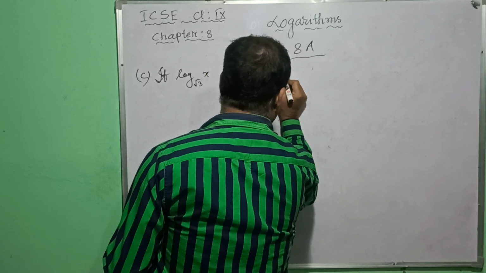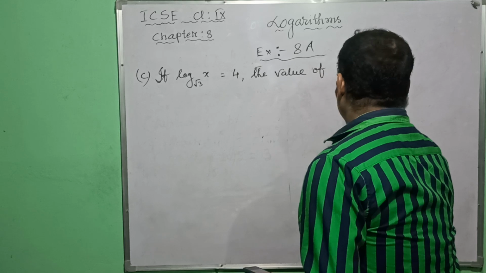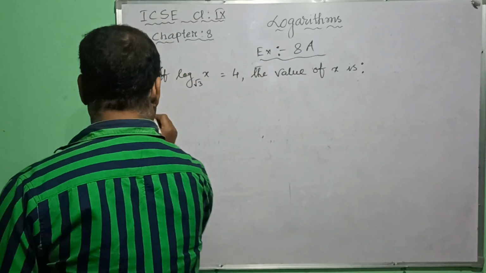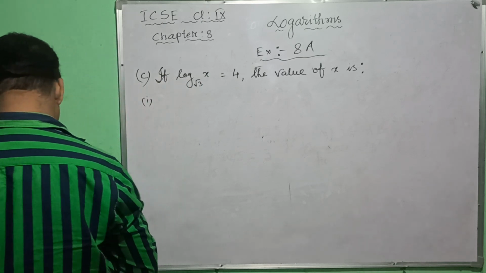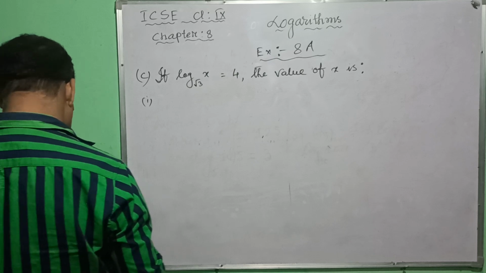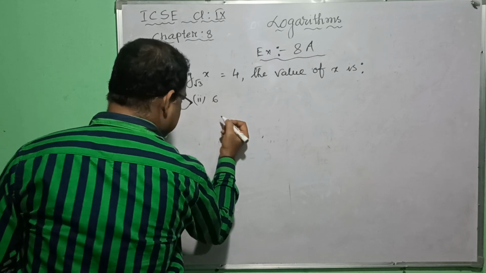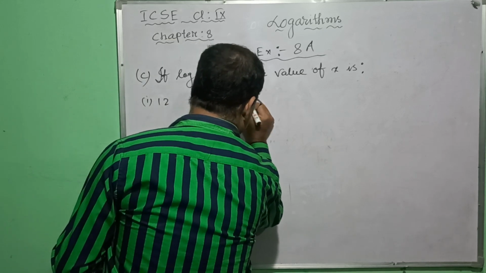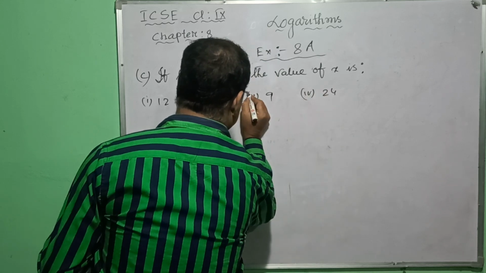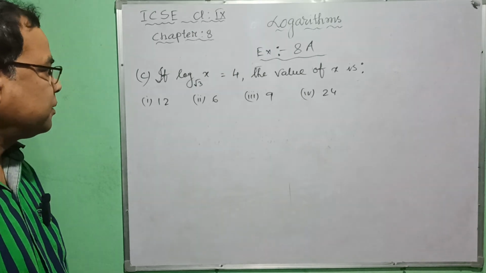The options are given. Number 1, 12, 6, 9, 24. So these are the 4 options given. Now we'll try to find the correct option.